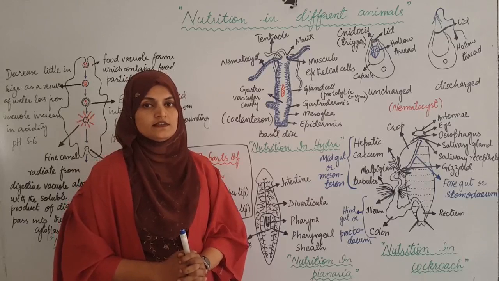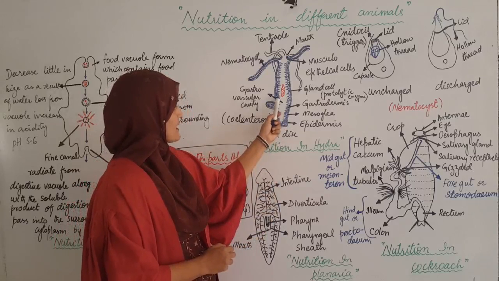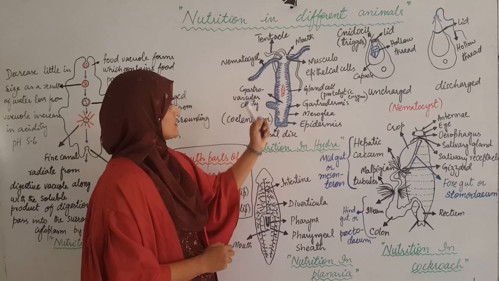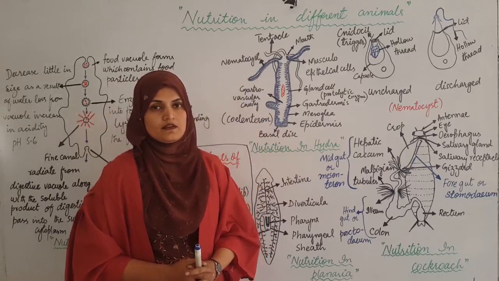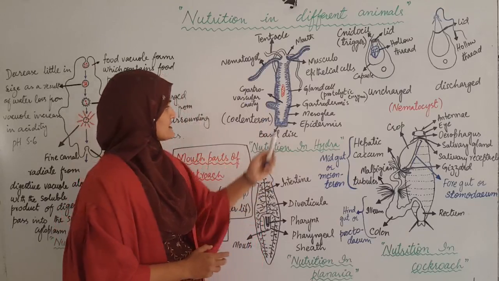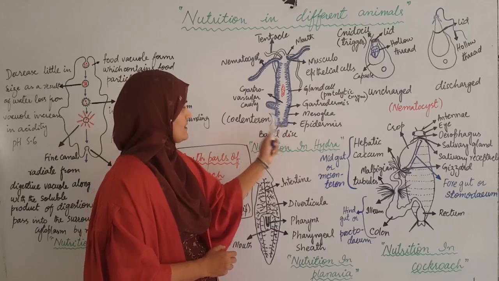When the digestion is completed, then these food particles enter into the ectoderm through the mesoglea. Mesoglea is the central layer between the ectoderm and endoderm.